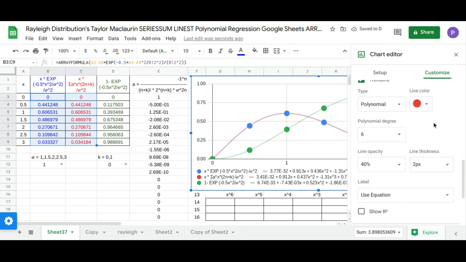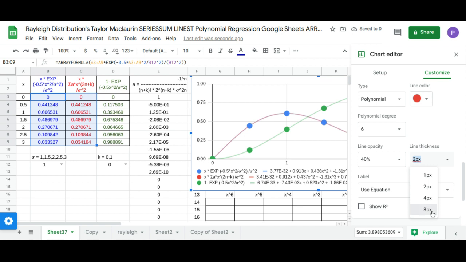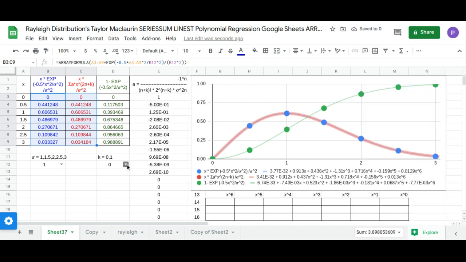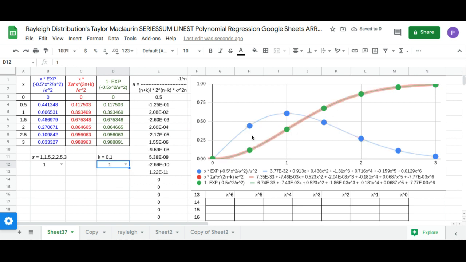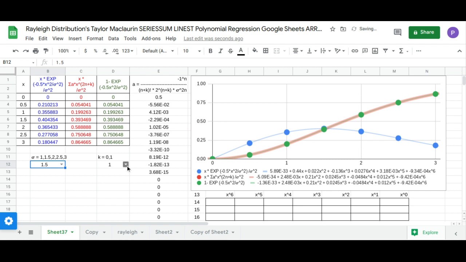But for the trend line, the line thickness will be maximum. So that you can toggle between, and if you increase this to 1.5, you can still toggle between 1 and 0.